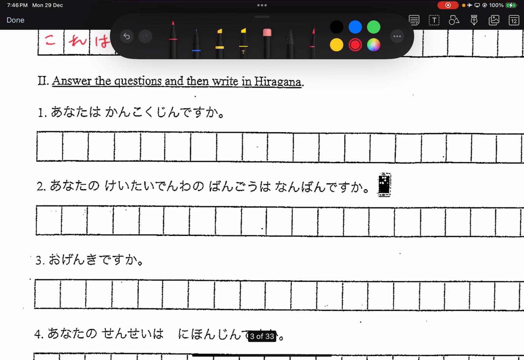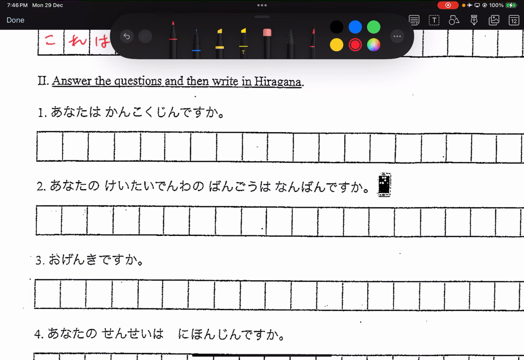Okay. あなたは韓国人ですか? The question here. あなたは韓国人ですか? Did you try? Okay. Are you Chinese? Chinese is 中国. 韓国 is?